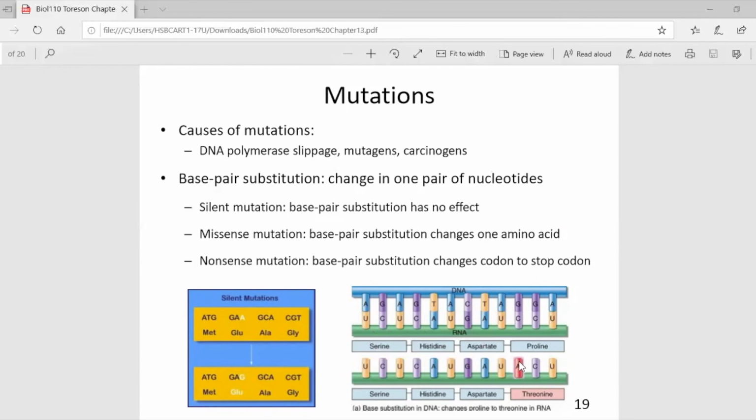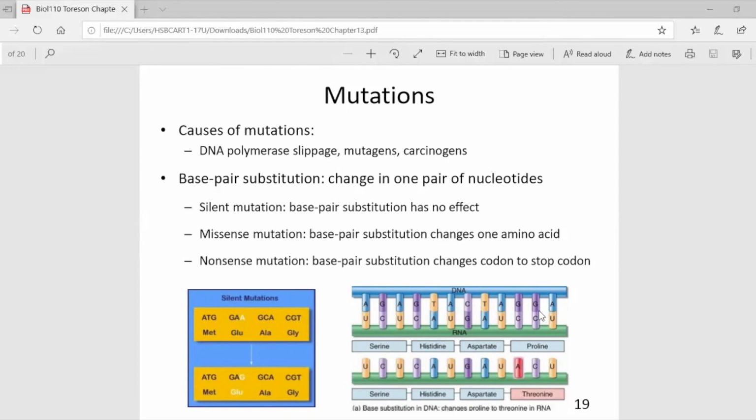Here on the bottom, we see a mutation that has changed this particular nucleotide so that we get a slightly different codon here. Instead of CCU, which is the codon for proline, we end up with ACU, which is the codon for threonine.